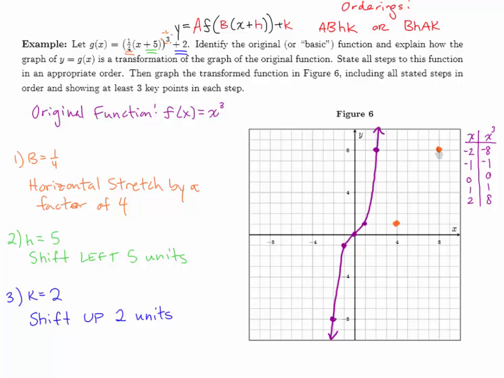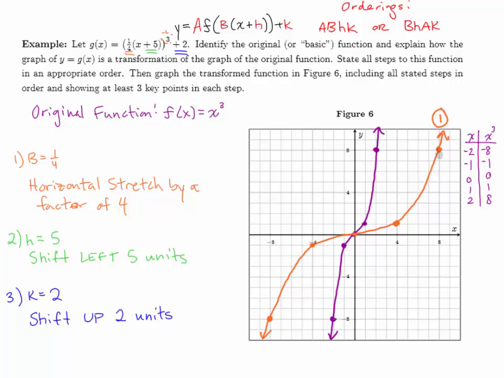Similarly, -1, -1 will move out to -4, -1, and -2, -8 will move out to -8, -8. And 0, 0 will stay put. So this graph is stretched, still has that same general shape. I'll finish graphing that in. Okay, so that's my first one.